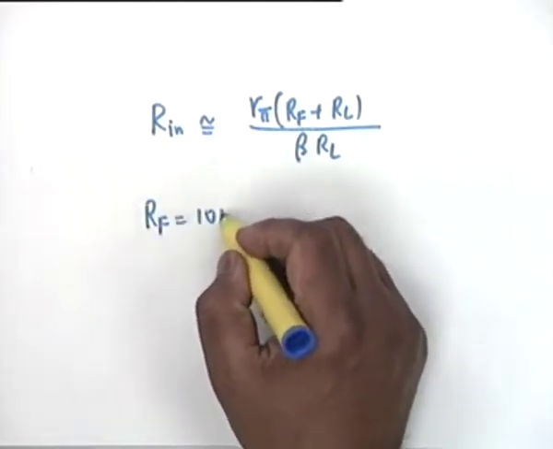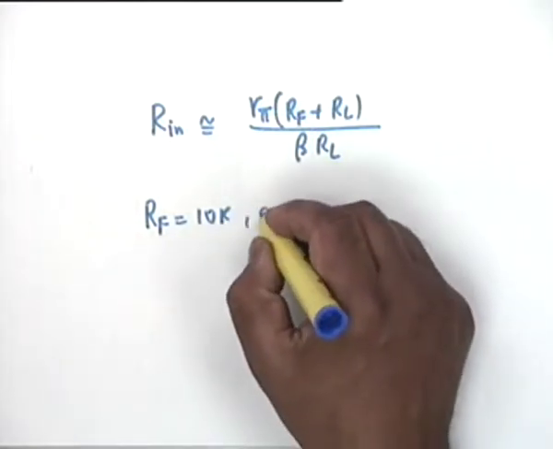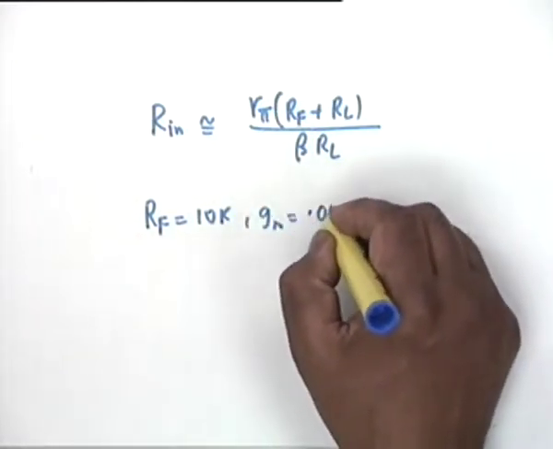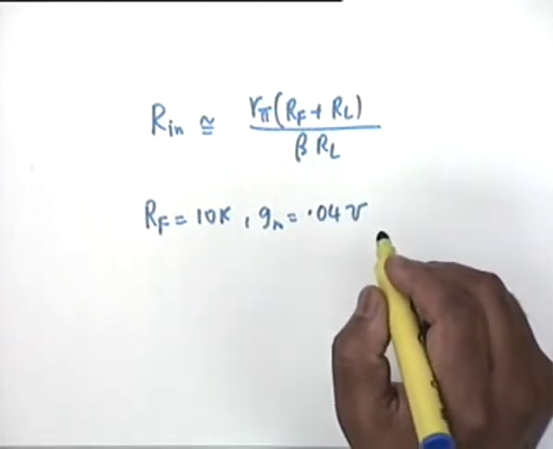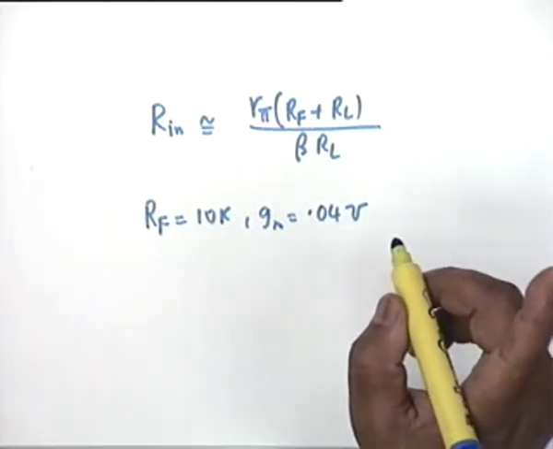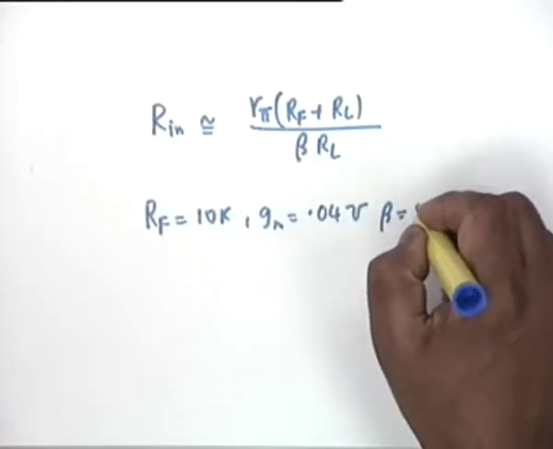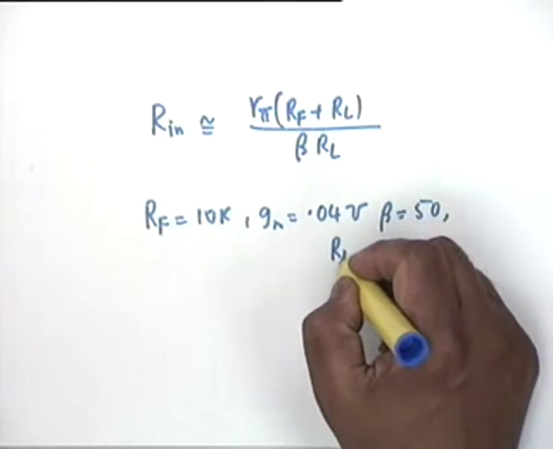RF is, let's say, 10K. GM is 0.04 mho. What is the collector current? 1 milliamp. 1 by 25 is 0.04. Okay. Beta is 50. It's not a very good transistor. And RL is 1K.